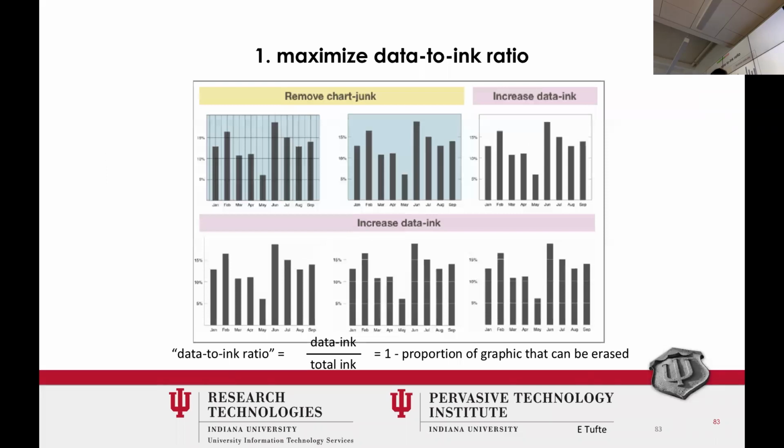In other words, less ink for the same amount of data is a higher ratio. That's good, right? Or more data without increasing the ink is better. One of his classic examples is a plot for 9 months of some percentage of something. We don't know what it is. But it's got all these lines all over it, which in some sense lets us do better comparisons. But if we're just trying to get an overview of what's going on, these lines get in the way.